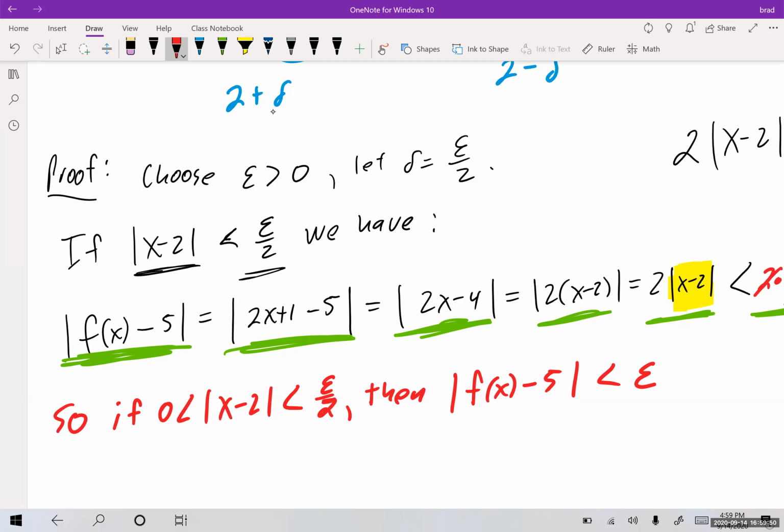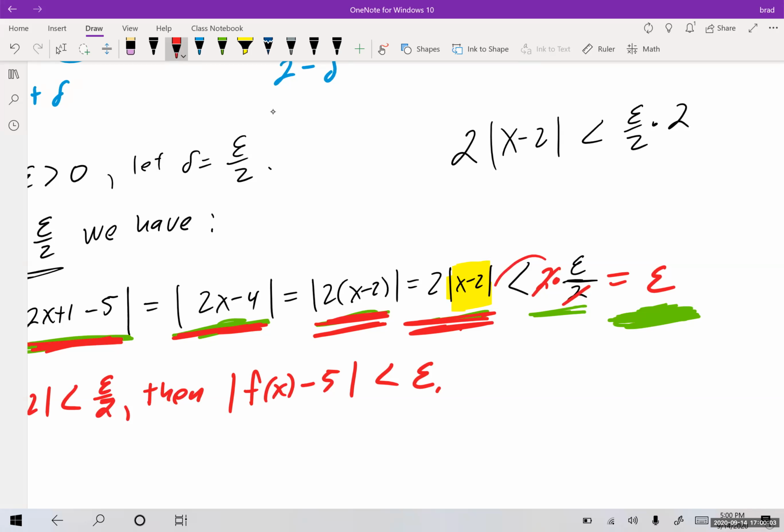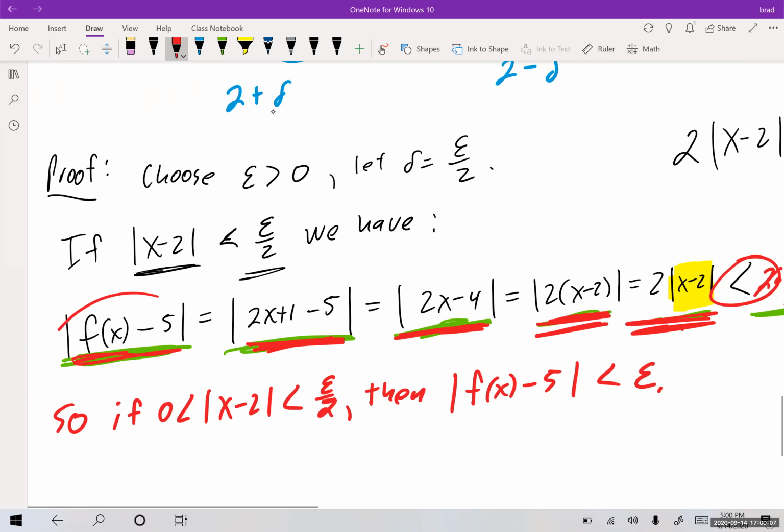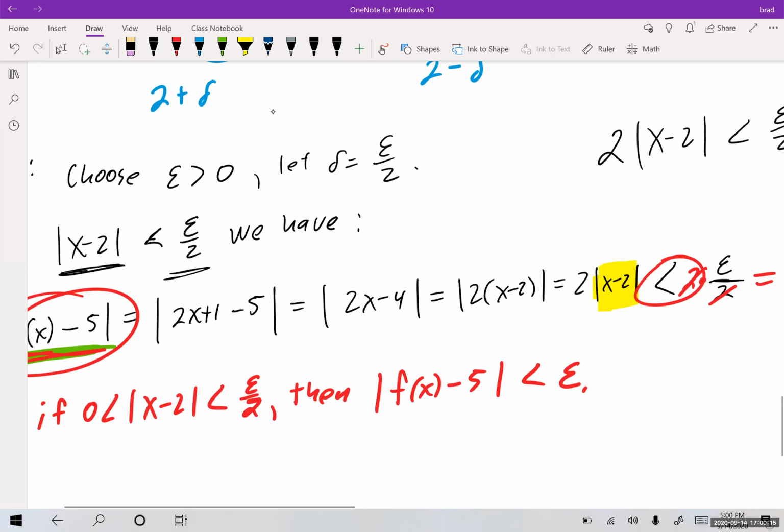I showed that, right? I just showed that this is equal to this, this is equal to this, this is equal to this, but this is less than epsilon. So that means the original is less than epsilon, which was what I was trying to show all along, okay? So that is how you prove it.